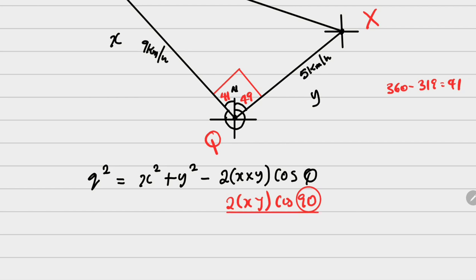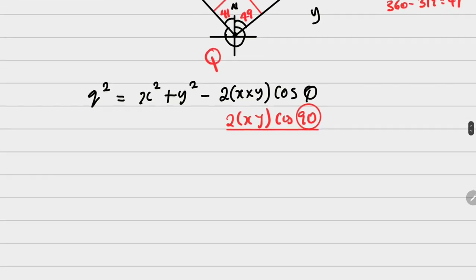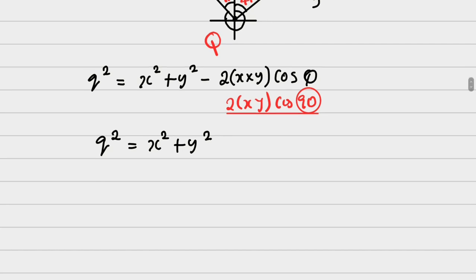Why I'm showing you this is because some people want to use the cosine formula and they feel it is going to be difficult since it is cos 90, but it's okay. You can actually use Pythagoras theorem, because when you apply cos 90, you find out that it is just equal to x squared plus y squared, which is Pythagoras theorem. So either formula is okay. You can work with it.